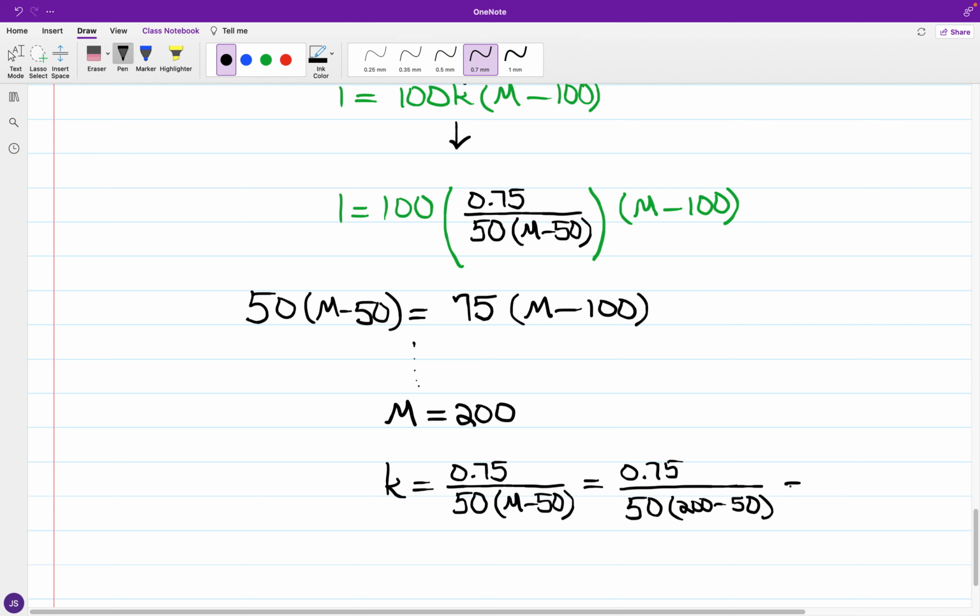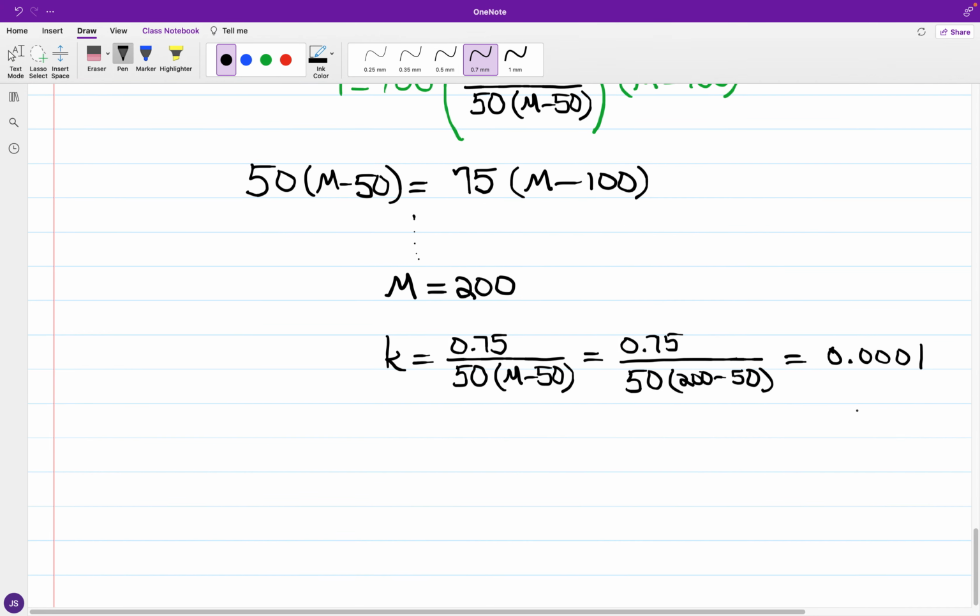That's going to come out to a small number where K is going to be at 0.0001. And taking what we have now, we got the value of K determined.